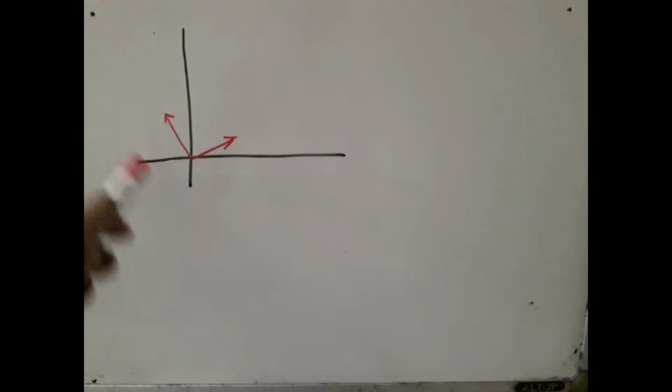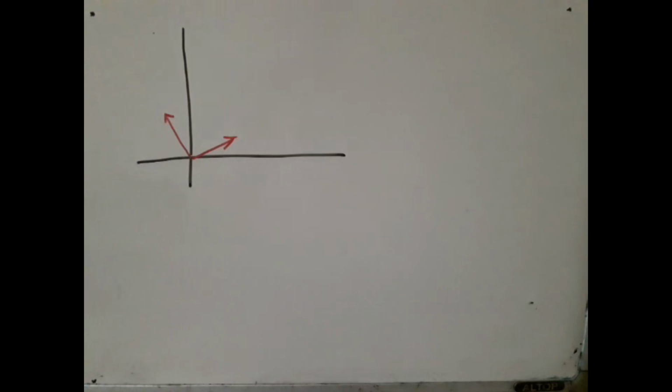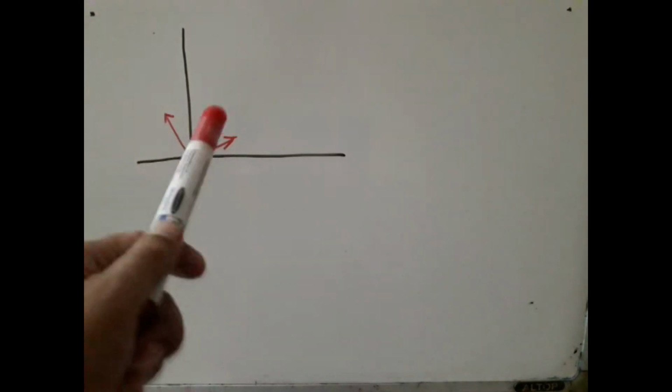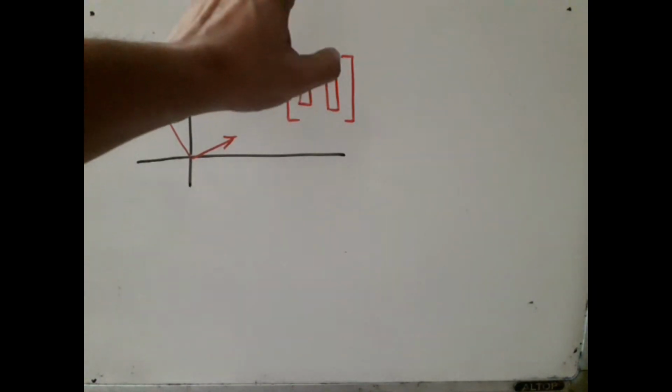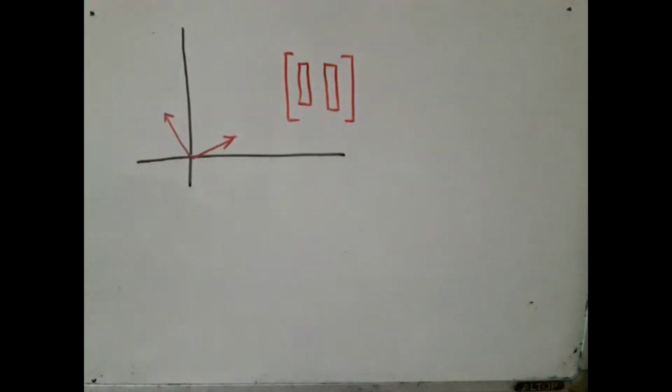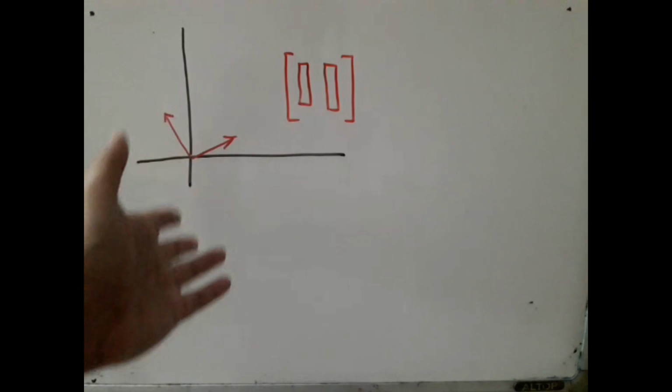Suppose we take any ONB of the vector space, which we take in this example to be R2. So these are of length 1 and this angle is 90 degrees. Then if I take these two vectors side by side as columns, then you will get an orthogonal matrix. So an orthogonal matrix is basically equivalent to an ONB.